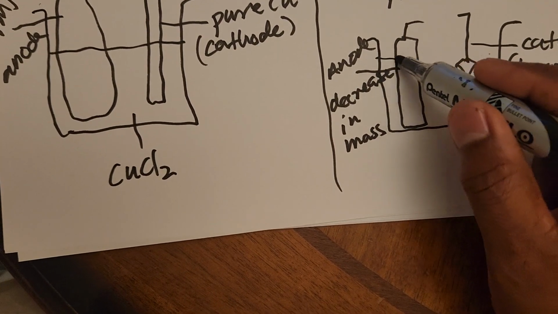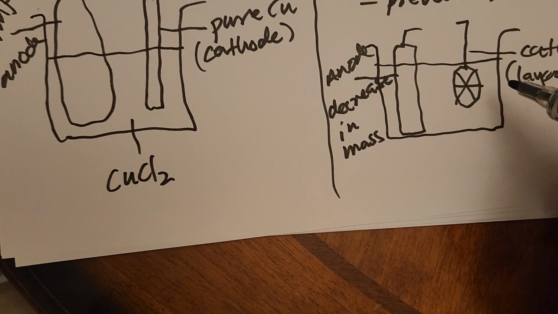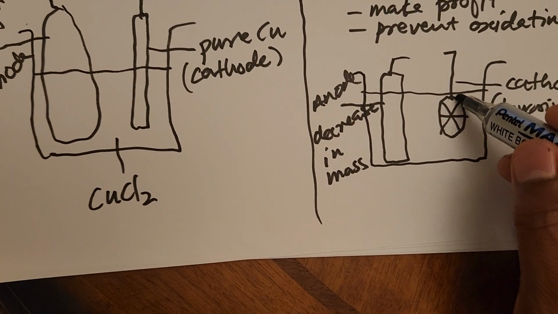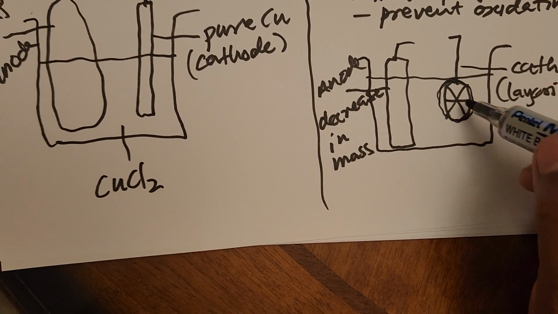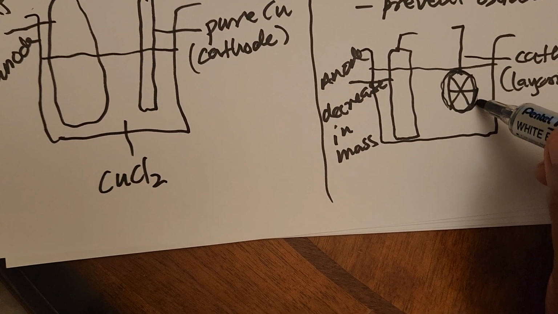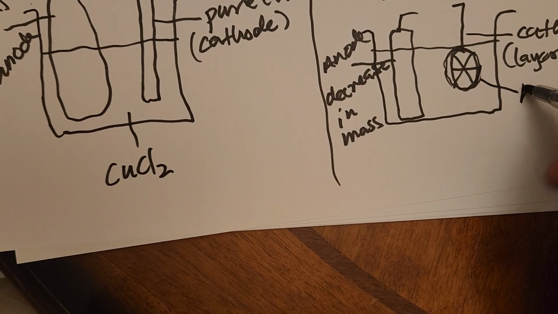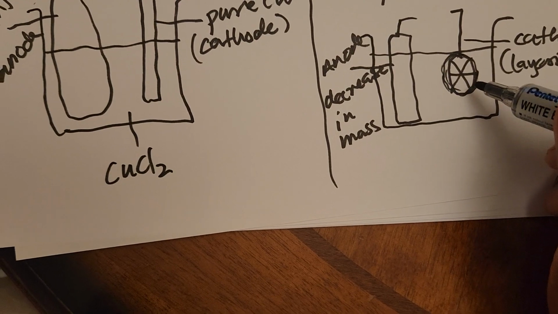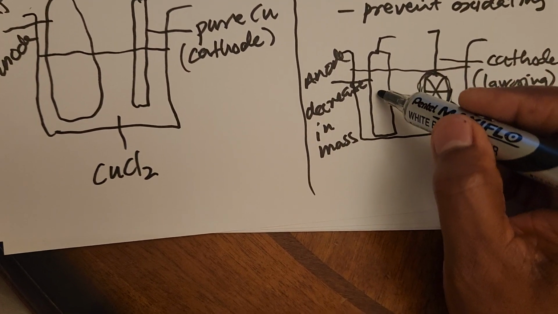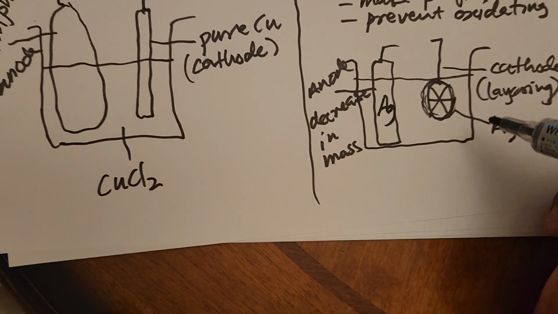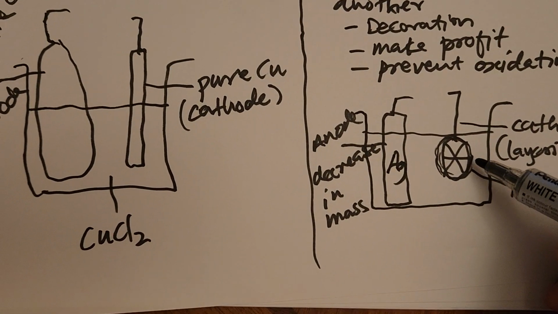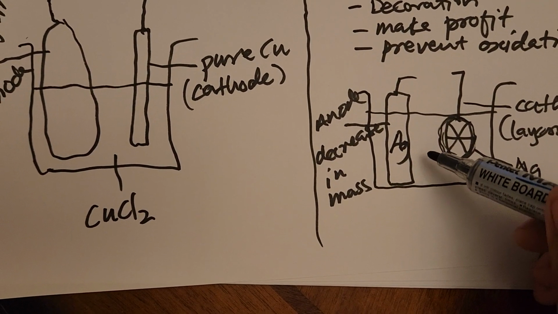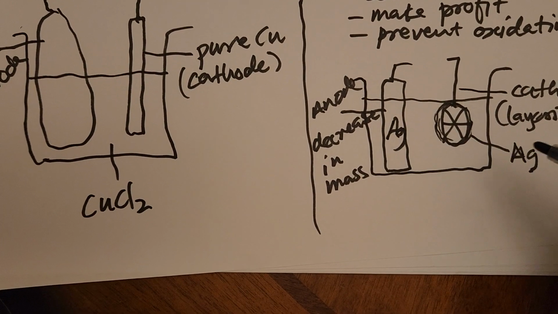And also here, very simple, if I'm going to cover the ring with, let's say, silver, I know that if silver is going to be layered on top of this metal, therefore this one must be silver. If I'm going to cover with gold, this will be gold. If I'm going to cover with chromium, this must be chromium.